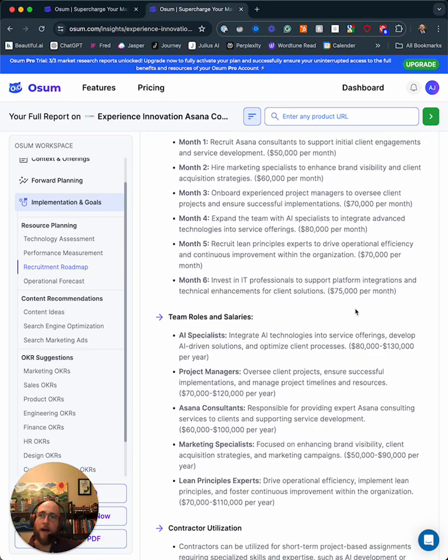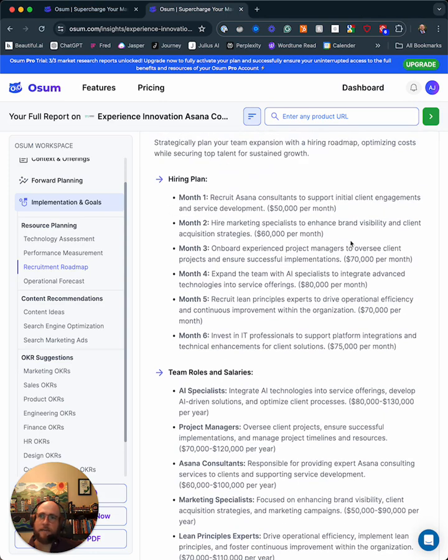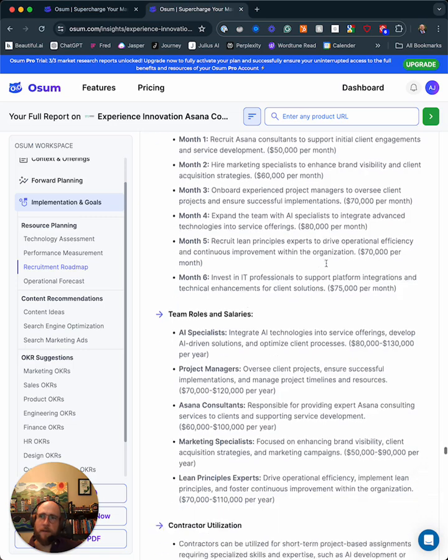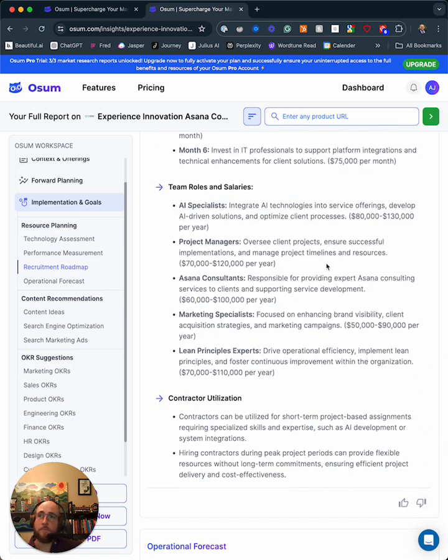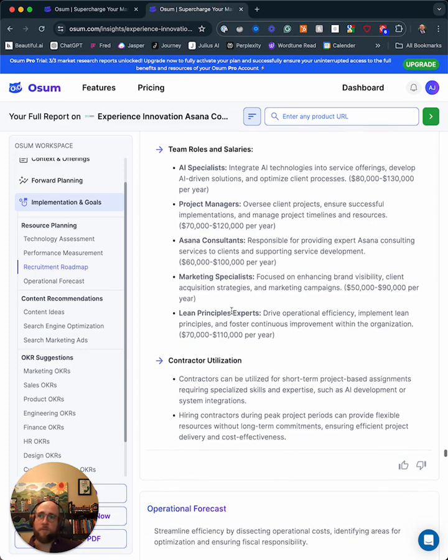So I think for myself, just looking at how does that become something that's a little more tangible and a little more realistic. Though Osum's analysis of our company may also be that, hey, we actually have a bigger organization than we thought. So with that, it gives us some different roles and salaries where there might be opportunities for growth there as well. I thought that was quite impactful.